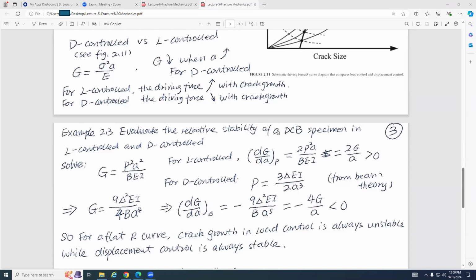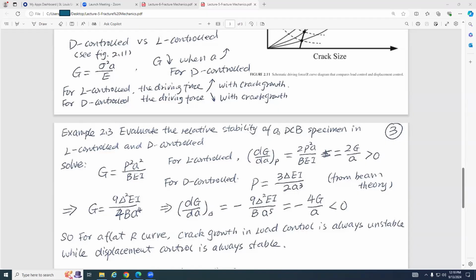G is related to the crack length, the thickness of the beam, Young's modulus, and the moment of inertia, and P is a load. It's a constant load. So this is G for load control, and then we take a look at dG/dA. As I told you guys, how can I check whether the propagation is unstable or stable?